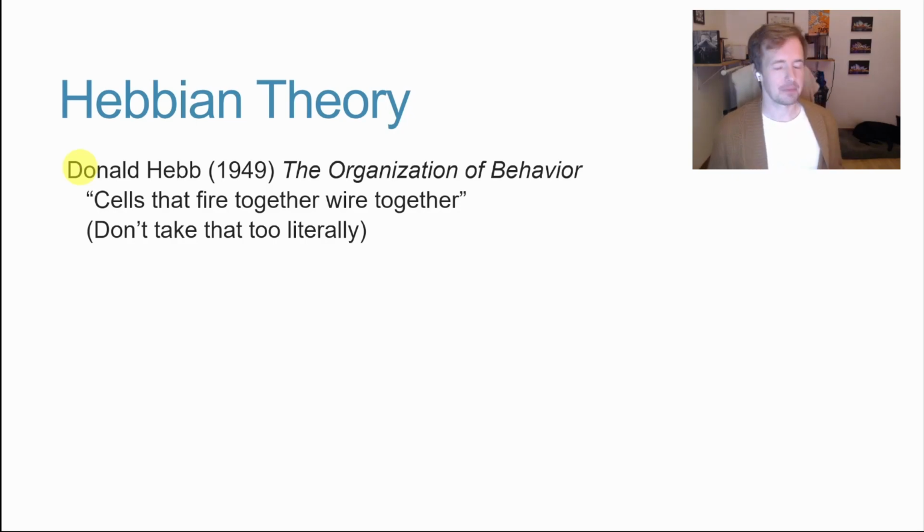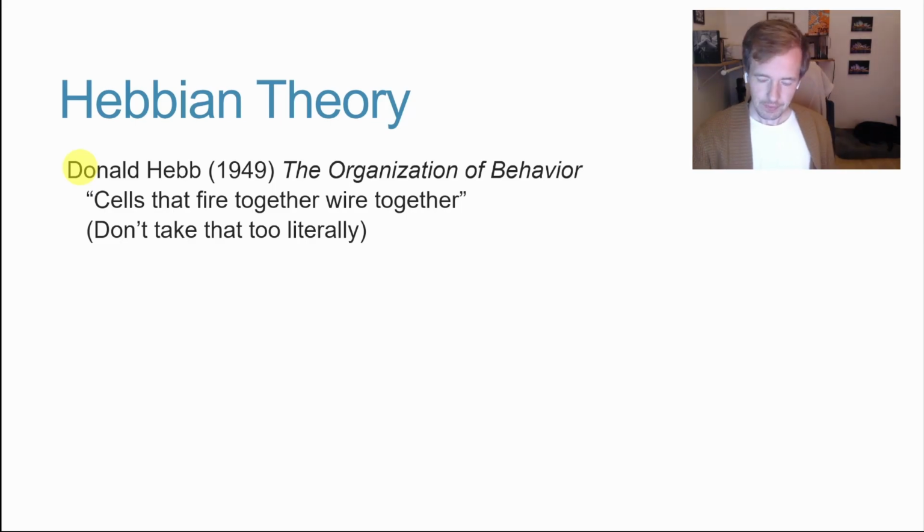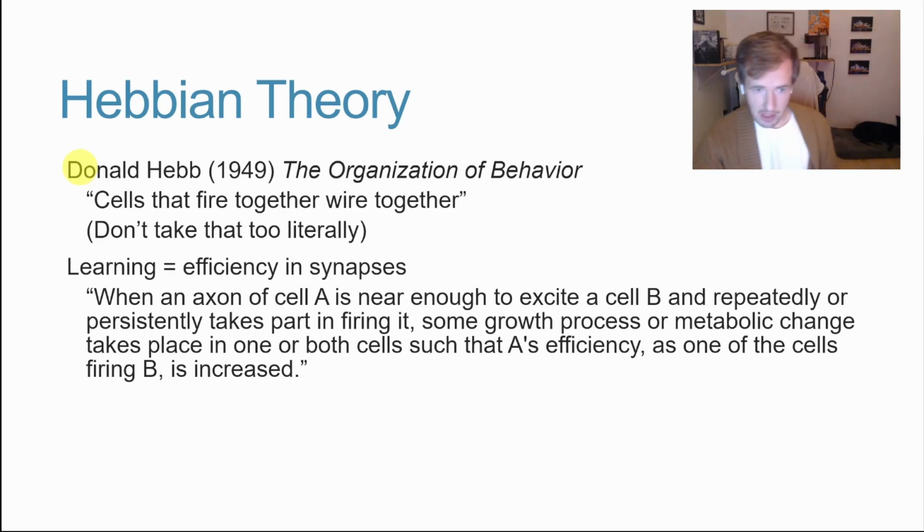Whenever you hear that, basically what that means is that you have 2 cells that are nearby one another, and if they are firing together, then they are going to slowly start cooperating with one another. And so, according to Donald Hebb, learning was really just how efficient your synapses are. If your synapses are very efficient, in other words, not many neurotransmitters get lost in those synapses, that means you have learned things really well.